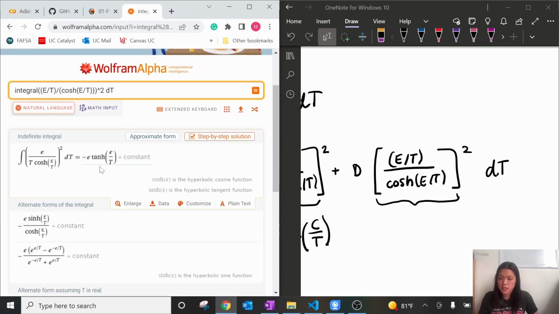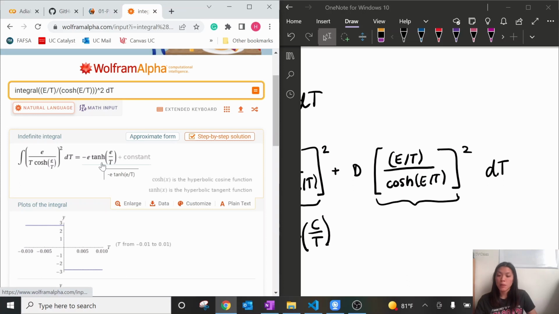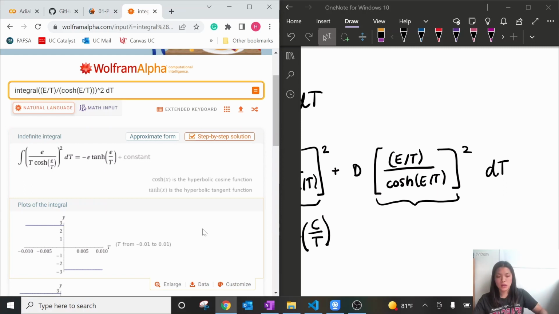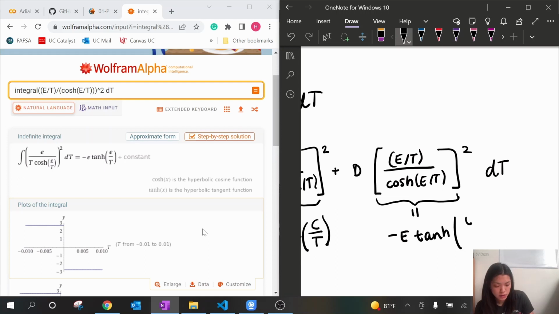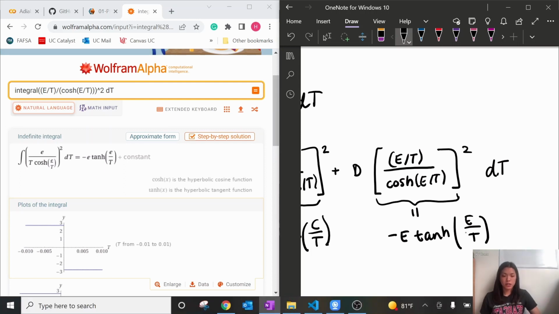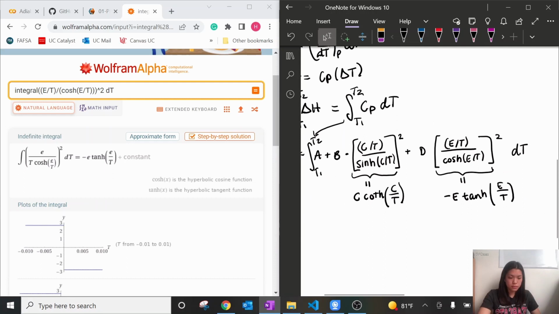That's going to give us negative E hyperbolic tangent of E over T. We're going to copy that on over as well. So this is equal to negative E hyperbolic tangent of E over temperature. Those are the integrals that we can find using the equation, from temperature 1 to temperature 2.